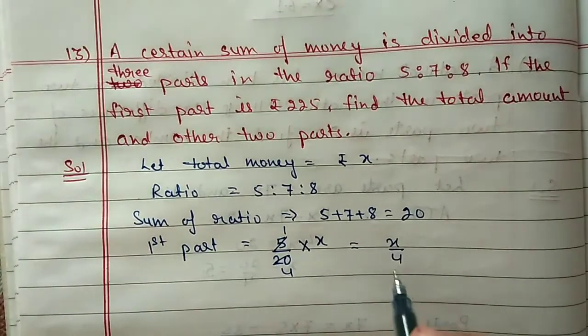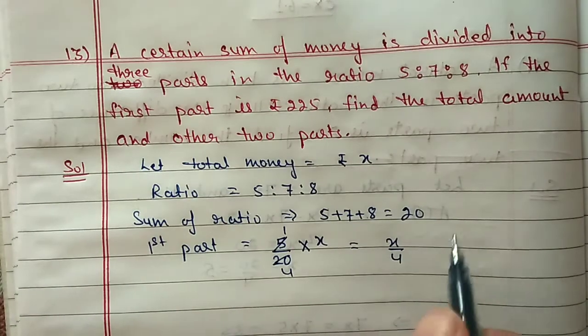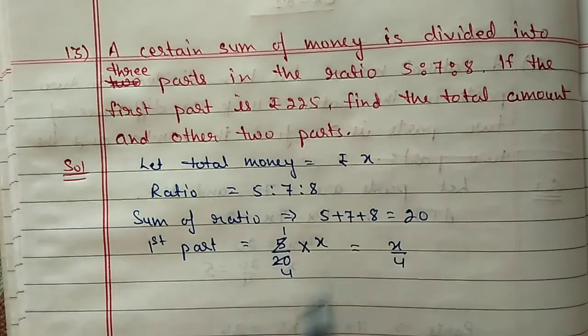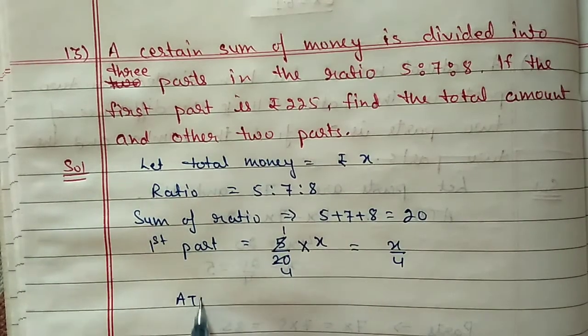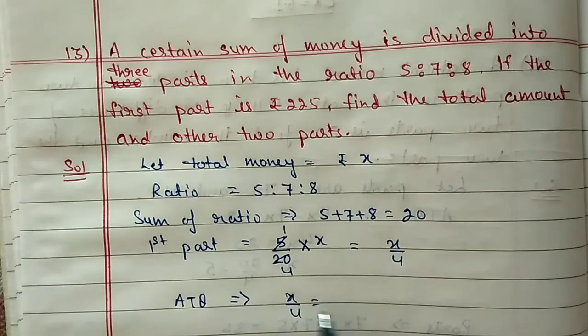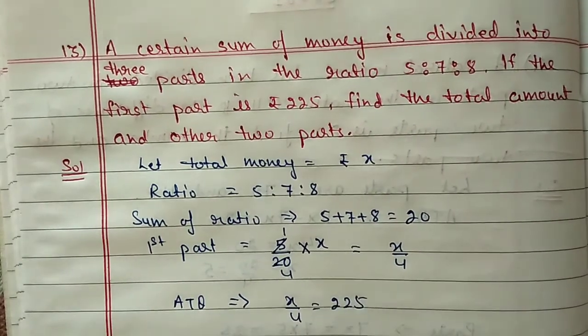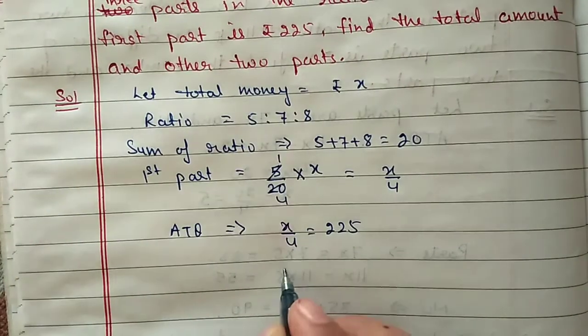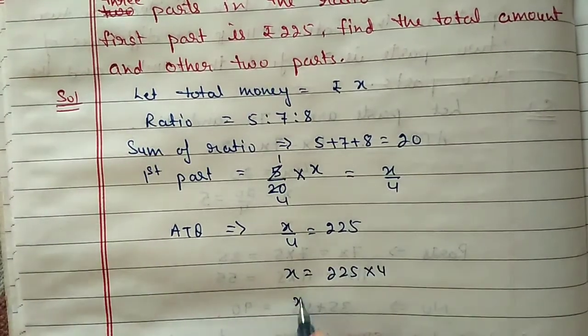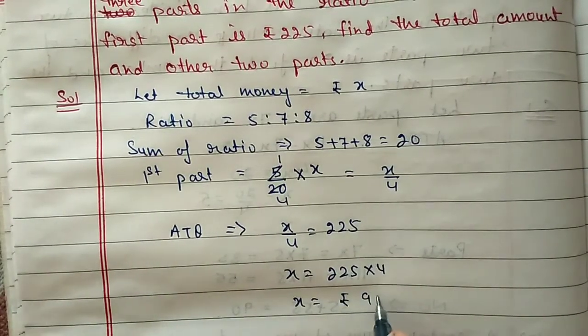This is the first part according to our calculation, but according to the question, the first part is equal to 225. So we can compare both. x by 4 is equal to 225. So the value of x will be 225 into 4, which means 900 rupees.